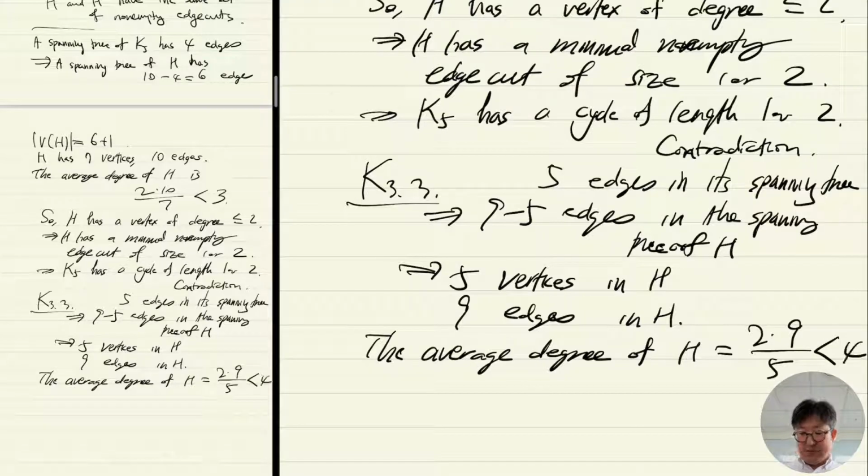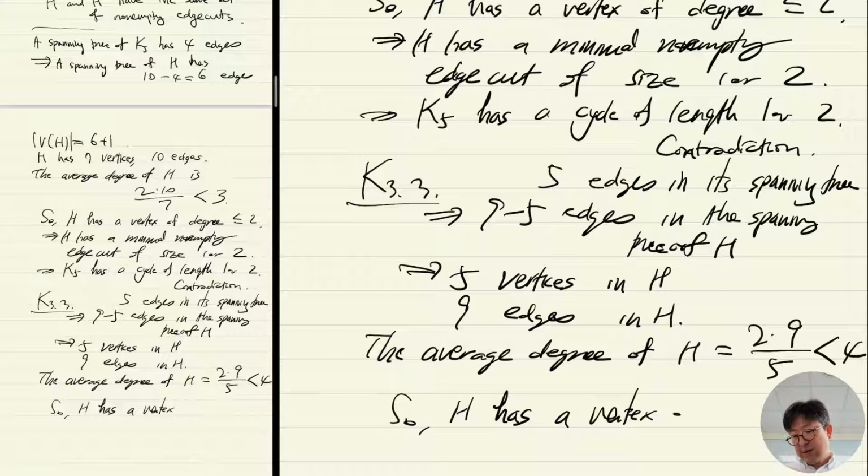It's less than 4. So H has a vertex of degree at most 4.